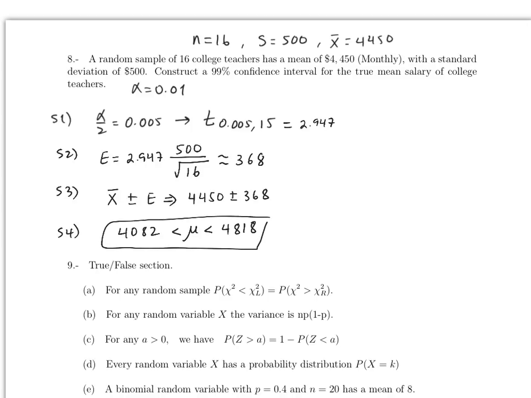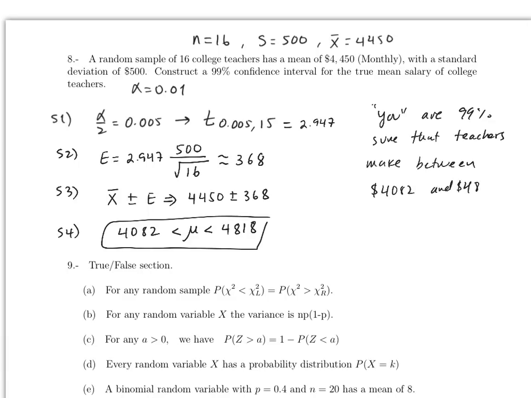And then the last thing you had to do is explain what this means, which means that you are 99% sure that teachers make between 4,082 and 4,818 per month.